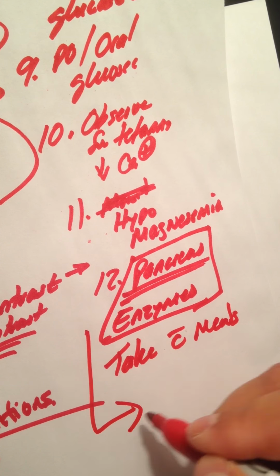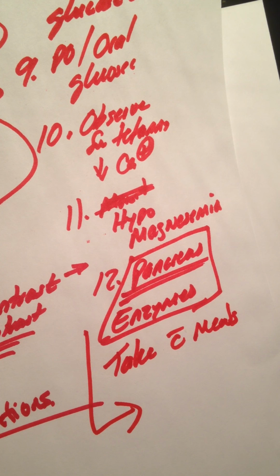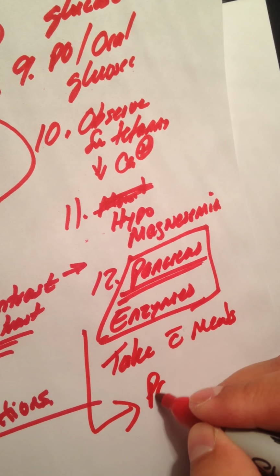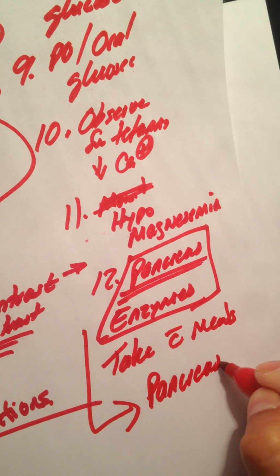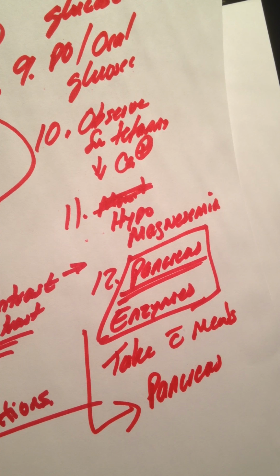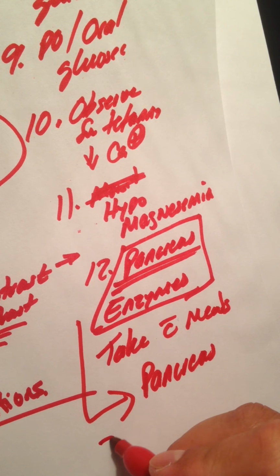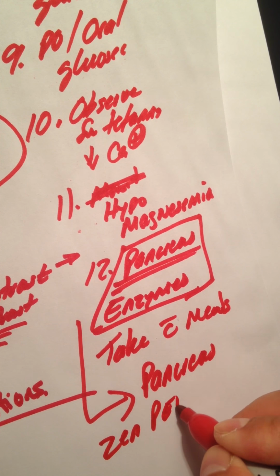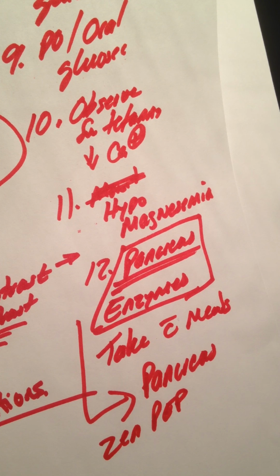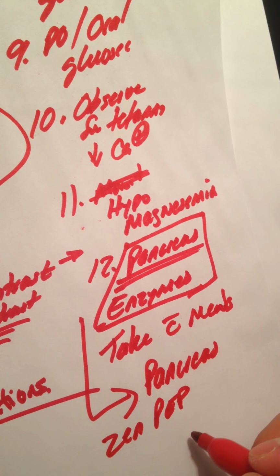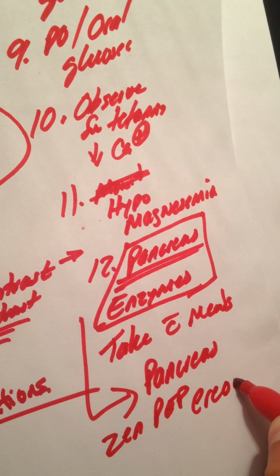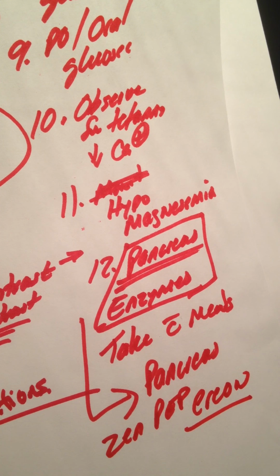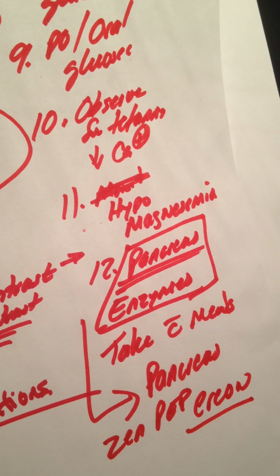Now, examples of these include Pancrease, Zenpep, and something called Creon. And again, make sure they take these with meals, and they may also take them with their PPIs or H2 receptor blockers.